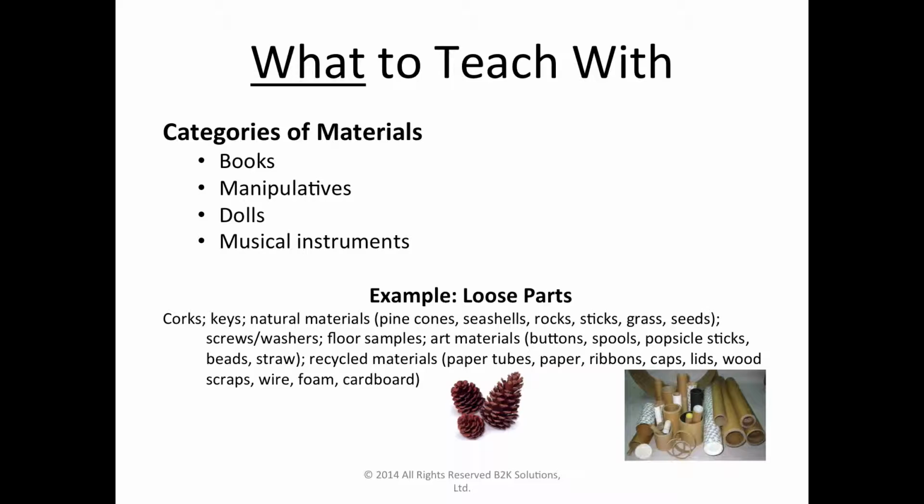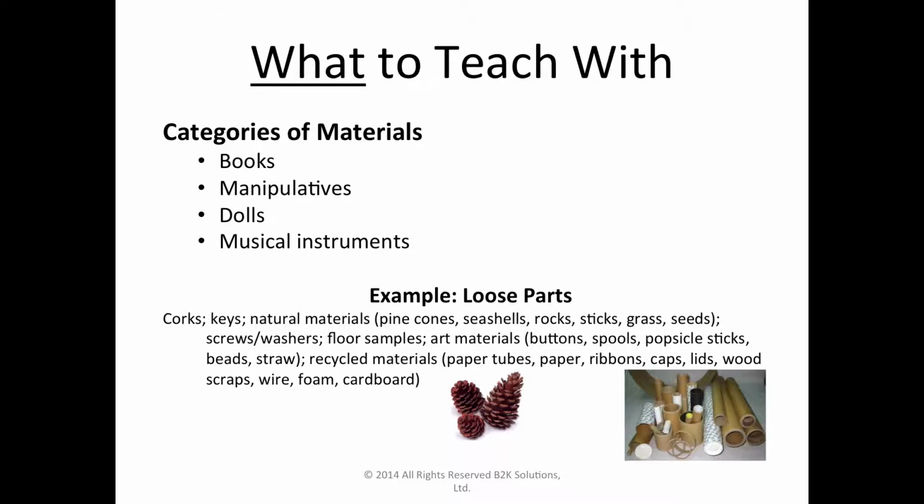Another main category of what we might teach with was what many call loose parts. And these are just the remnants, the things that are around in your drawer, in your car, in the trunk of your car, in the bottom of your sofa cushions. These are just things that are around that can really promote learning.